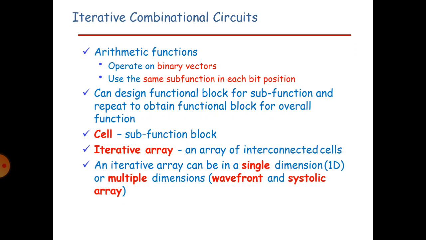In an arithmetic function, we operate on binary vectors and use some subfunction in each bit position. We can design a functional block diagram for the subfunction and repeat it to obtain the functional block diagram for the overall function.